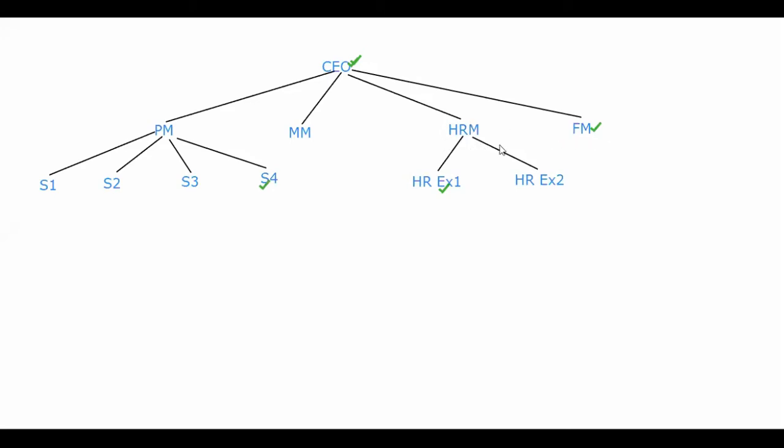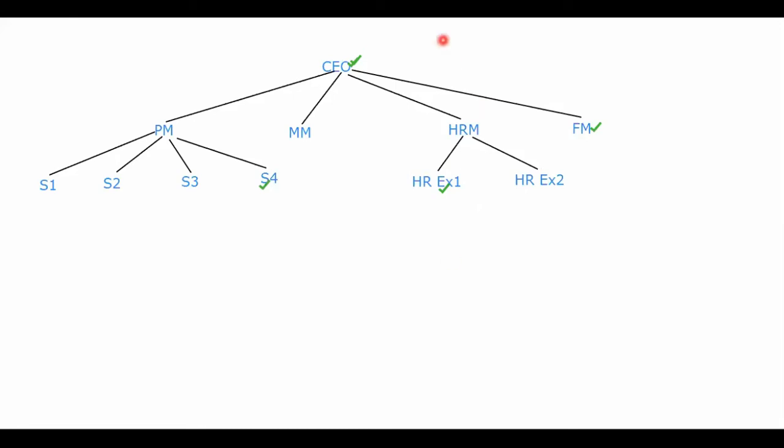Now we are going to collect performance evaluation on the job of the HR manager from the CEO as the superior perspective, from HR executive 1 from the subordinate perspective, from production supervisor 4 as the internal customer, and from the finance manager as one of the peers.